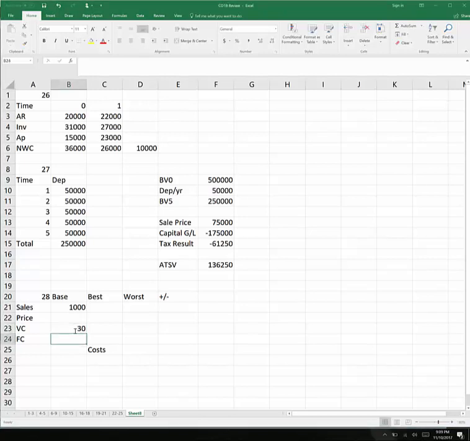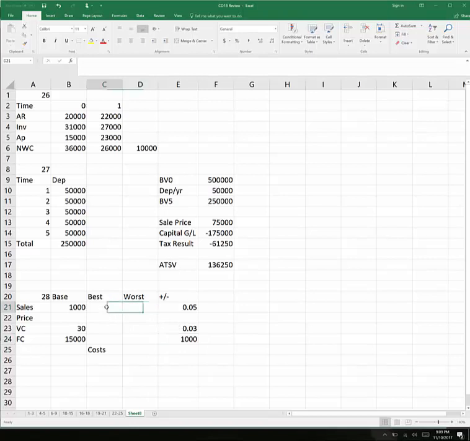Fixed cost of 15,000, that's our base. So we want to see what's the worst case for us. The worst case for a company is lower sales and higher variable and higher fixed costs. Our sales are going to be plus or minus 5%. That's what we feel our worst and best case are. Variable cost 3% and fixed cost plus or minus 1,000.